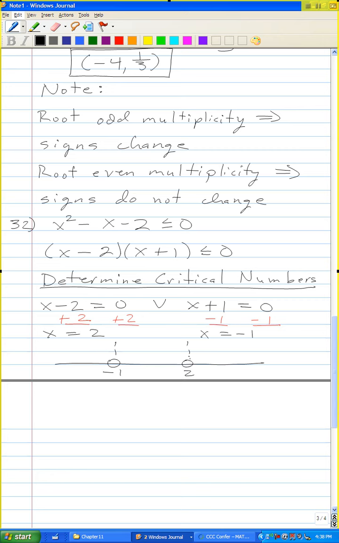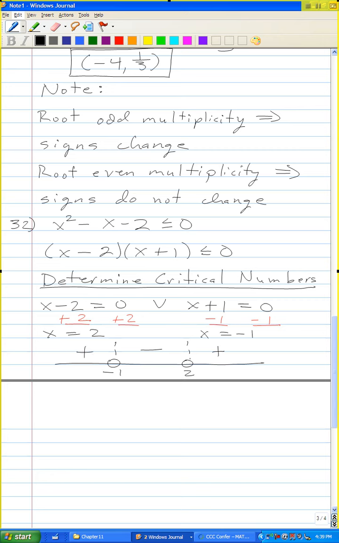And so I place my critical numbers on the number line. Take a, let's say 0. That's the easiest one. At 0, x minus 2 is negative, x plus 1 is positive. Negative times positive is negative. Since each of these roots are simple roots, at 2 it's going to change sign, and at negative 1 it will change sign.